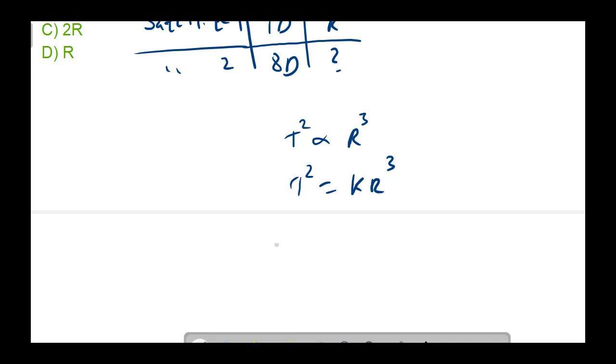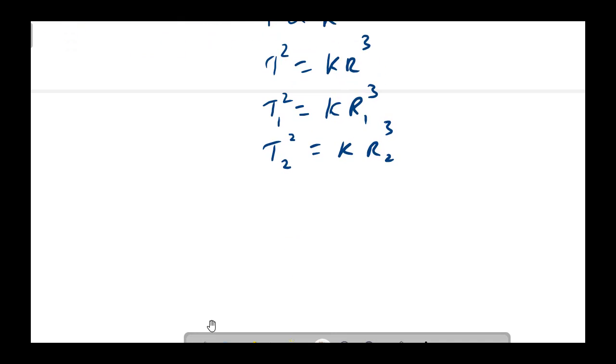For satellite 1 we have T1 square is equal to k R1 cube. For the second satellite we have T2 square is equal to k R2 cube. Now we take the ratio T2 upon T1. So we get T2 square by T1 square, k gets cancelled out, so R2 cube upon R1 cube.